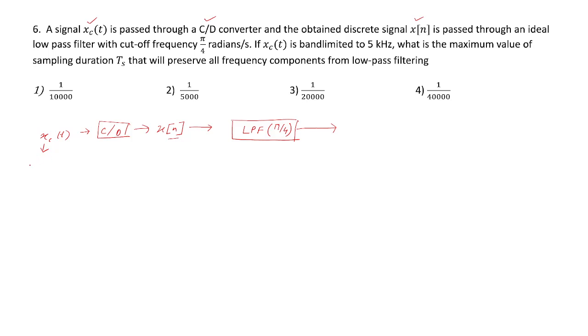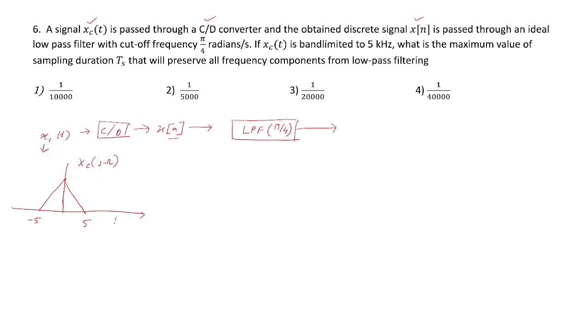That basically means if we draw the spectrum of xc, which we denote as Xc(j omega), it is band limited at 5 kilohertz. So the spectrum of continuous time signal x(t) will look something like that.